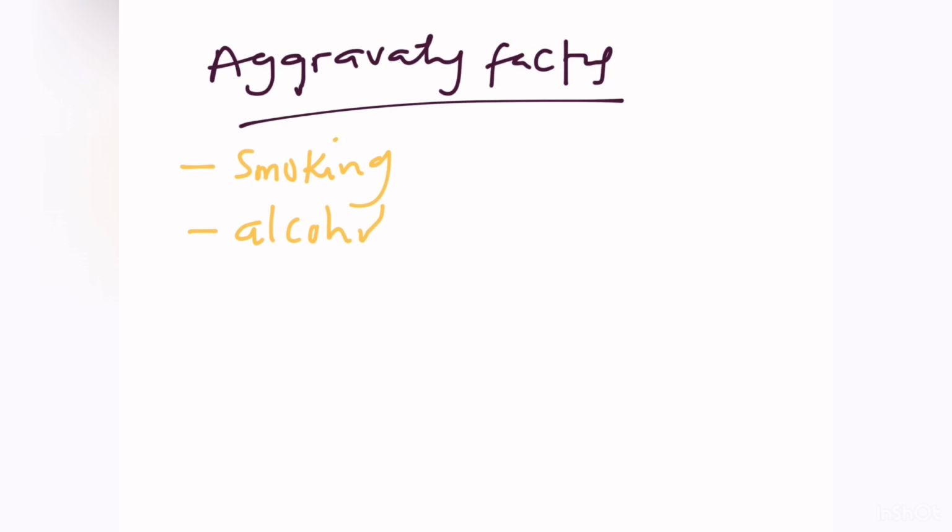Now, what are the aggravating factors of this disease and the relieving factors? The aggravating factors include, number one, smoking. Like I said earlier, it's one of the risk factors. Alcohol.